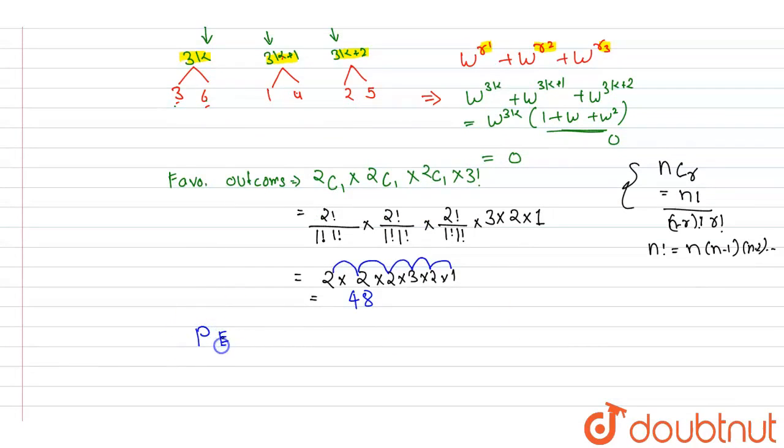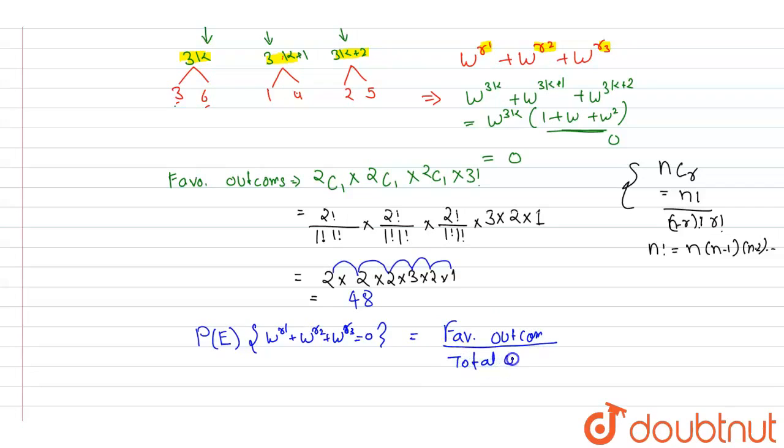Hence the probability of the event in which we need omega to the power R1 plus omega to the power R2 plus omega to the power R3 equal to 0 is favorable outcomes upon total outcomes.